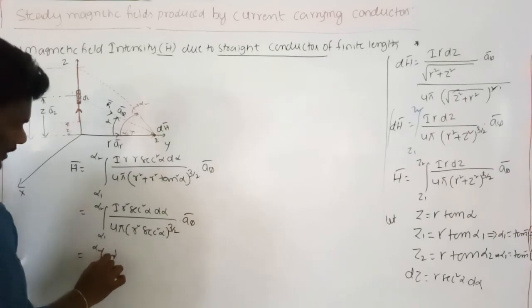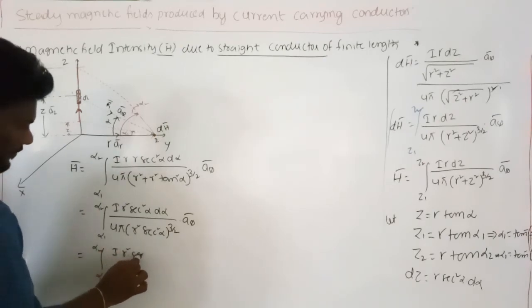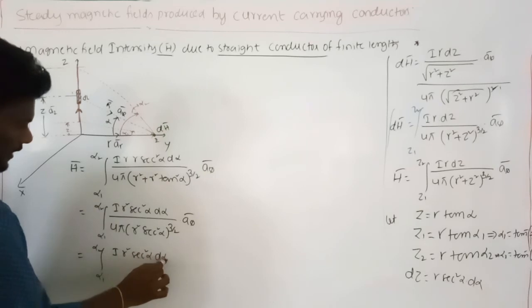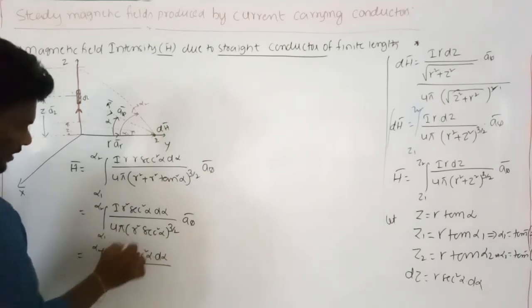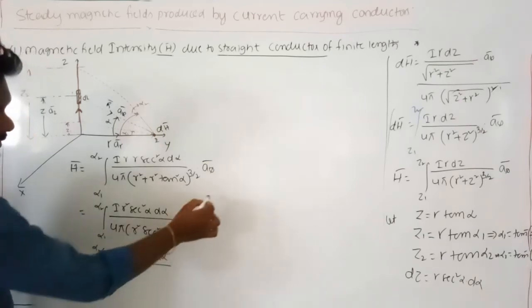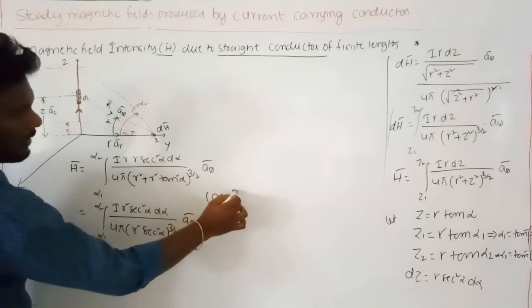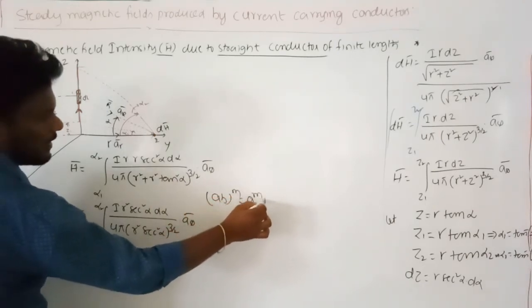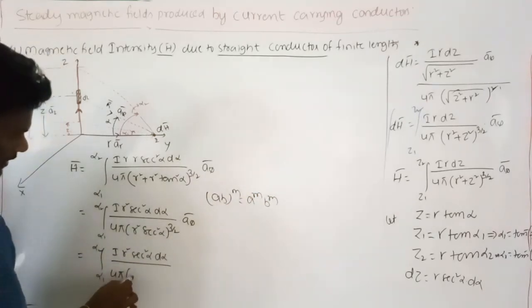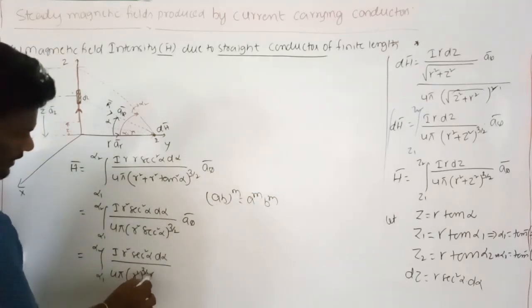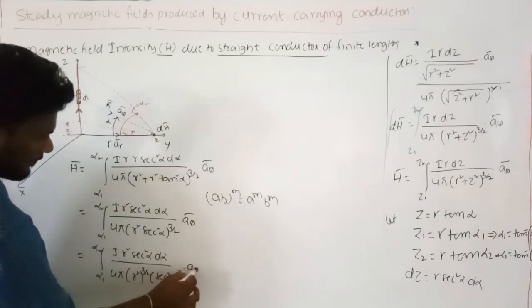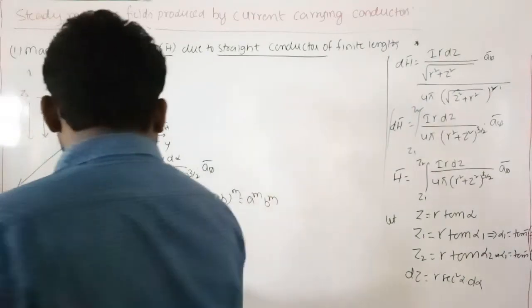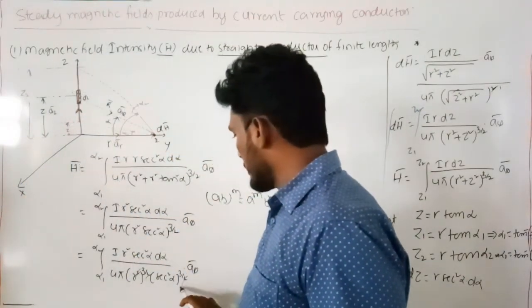It is I r square secant square alpha d alpha, whole divided by 4 pi, and it is like ab whole power m. If you have ab whole power m, you can write a power m, b power m. Similarly here I have r square whole power 3 by 2, and secant square alpha power 3 by 2, a phi bar. So here the square root cancels.